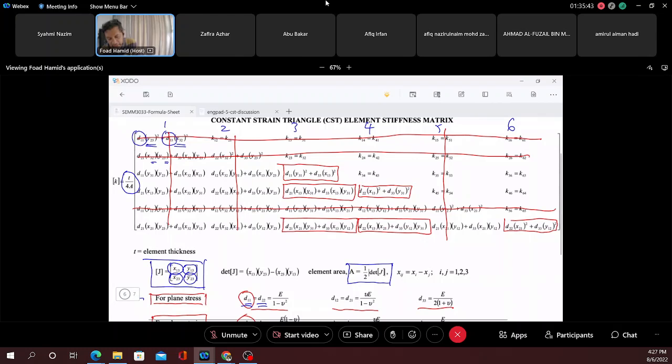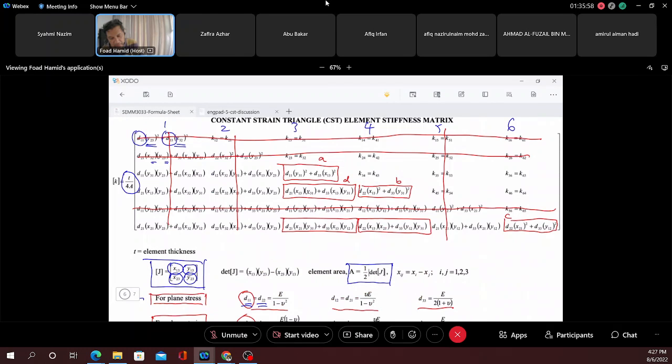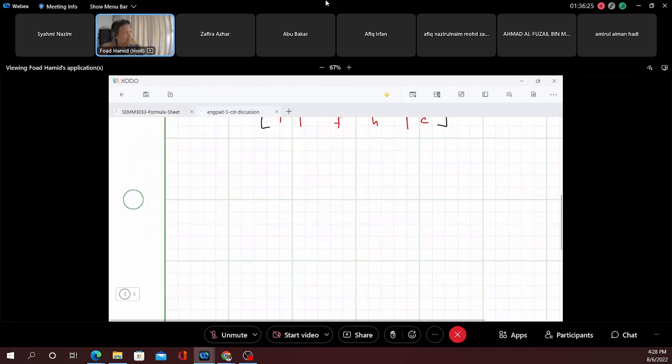So this is my A, my B, my C, my D, my E, my F, and my G, my H, and my I. So you need to calculate only 1, 2, 3, 4, 5, 6 values instead of the whole thing, instead of 9. So the rest are symmetry. So again, I'm not going to show you all the calculation because I think you can do it on your own.